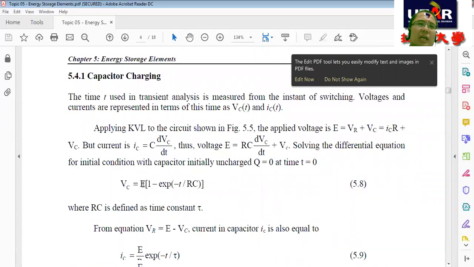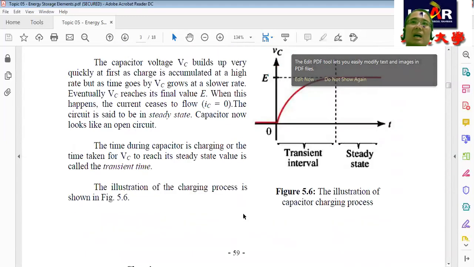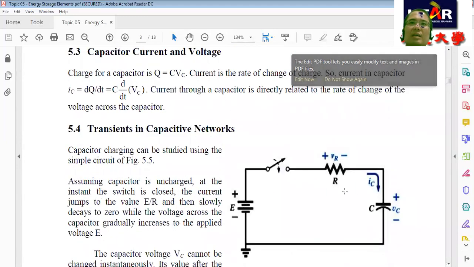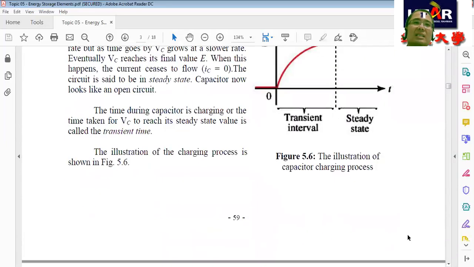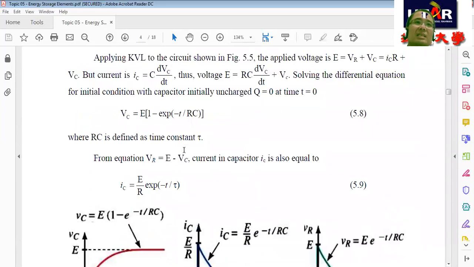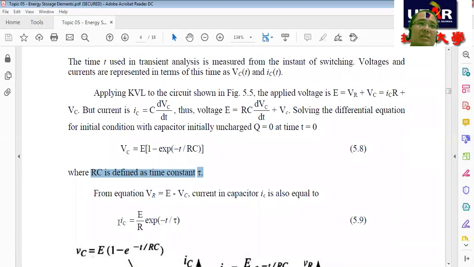VC equals E times 1 minus e to the power of minus t over RC, where RC is the product of these two values, R and C. RC is defined as the time constant. Then the current, this current IC.